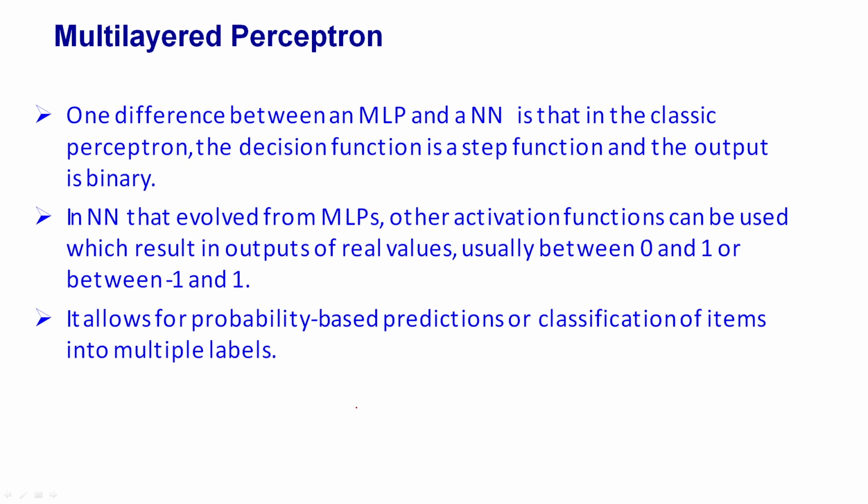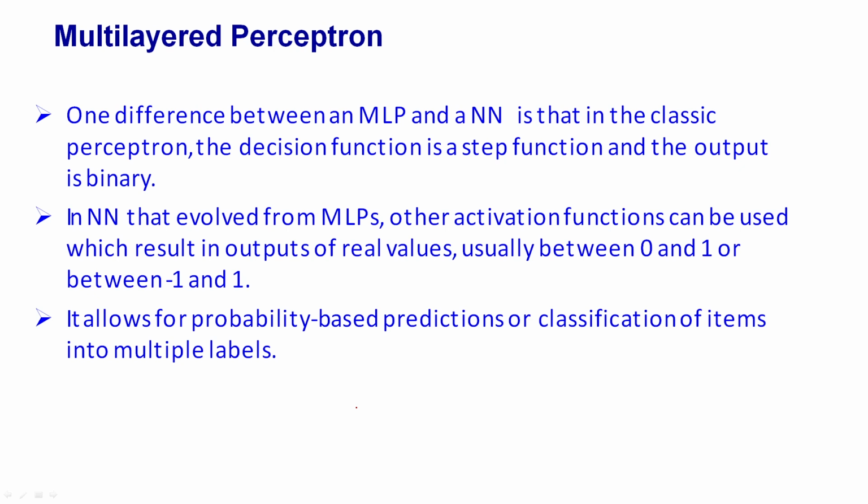We have not yet discussed activation functions, we will talk about them a little bit and give you some examples, and this results in outputs of real values. It can be between 0 and 1 or -1 and 1 or even normalized or some other values. So, that is the difference, and the neural network also allows probability-based predictions, a classification of items into multiple levels, that is also possible.